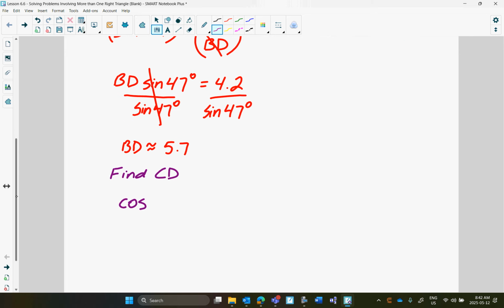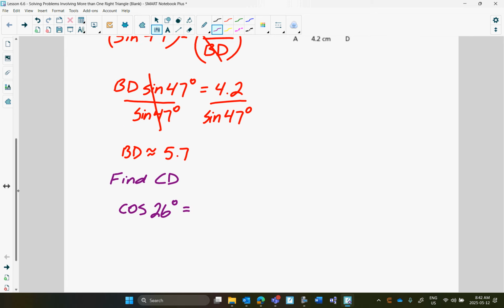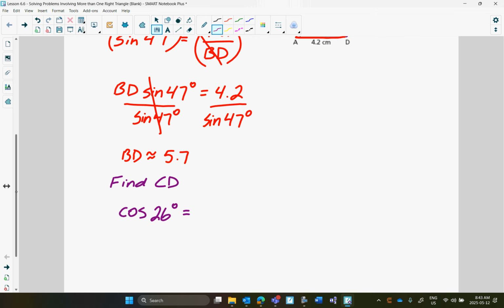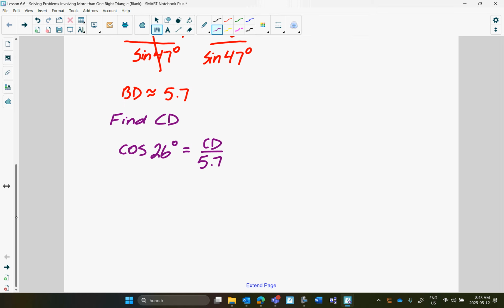of 26 degrees is equal to the adjacent side, which is what I'm trying to find, CD, over 5.7. What do I do next?